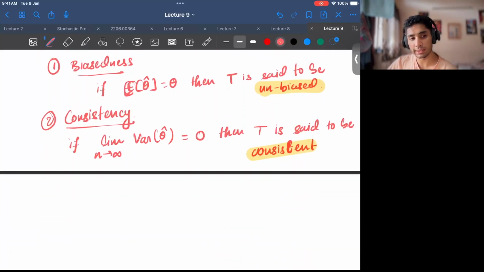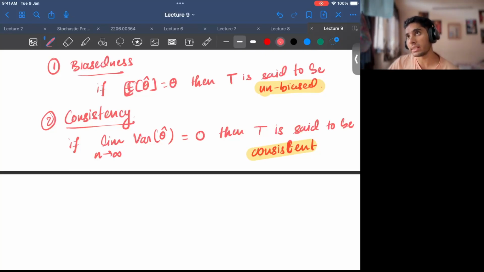So why is it called consistent? Asymptotically, in the limiting case when you have a lot of samples, this estimator will have zero variance, meaning it gives you the value of the parameter you are looking for.